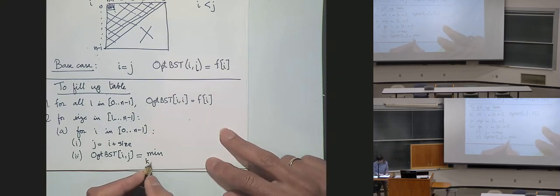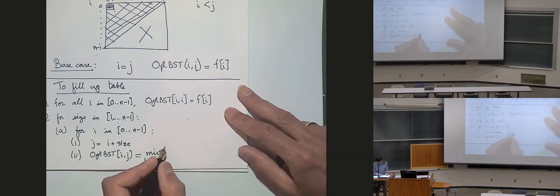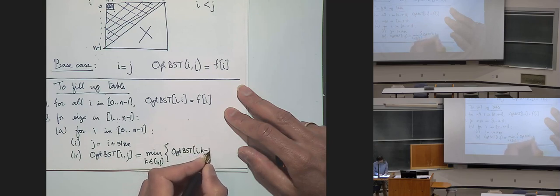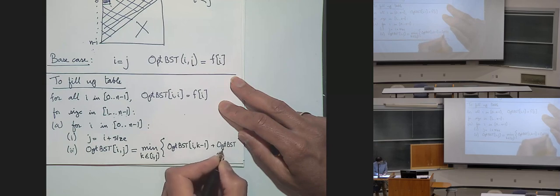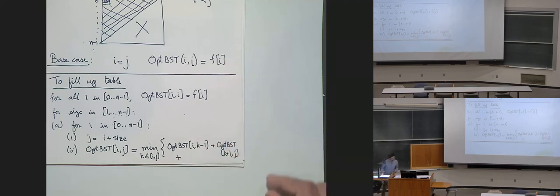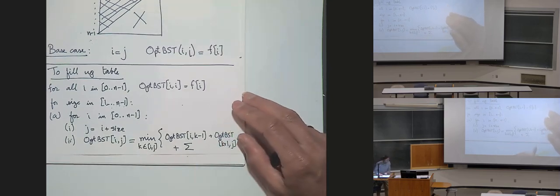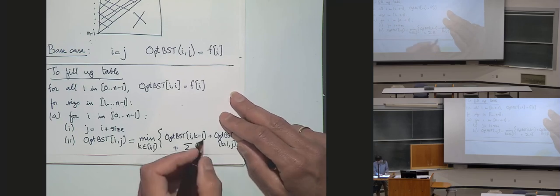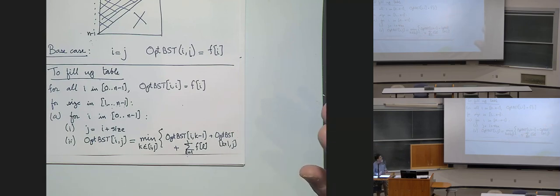So the min over all k in this interval of opt BST i k minus 1 plus opt BST of k plus 1 j plus this summation over all f of l, overloading indices, where l is going from i to j. Does this make sense? This is exactly the recurrence before.